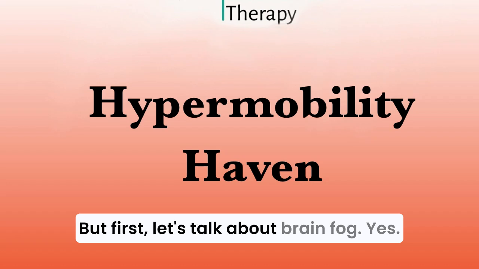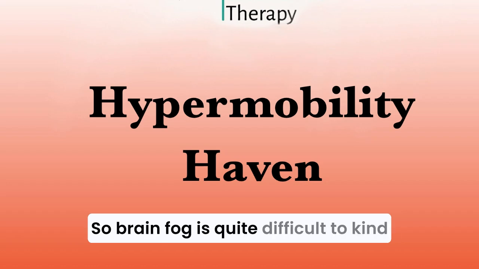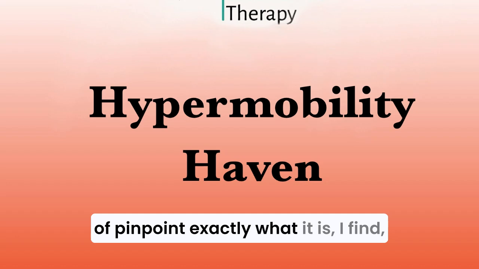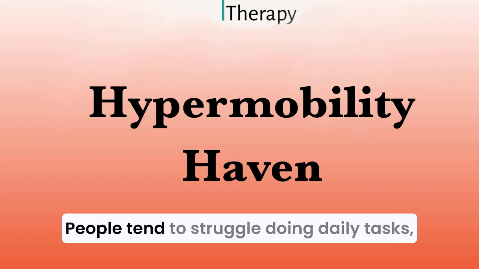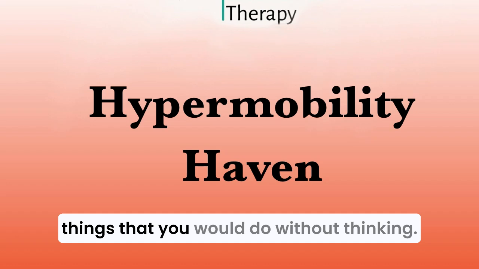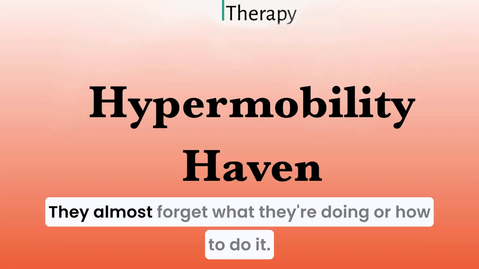But first, let's talk about brain fog. Yes. Brain fog is quite difficult to pinpoint exactly, I find, because it varies for different people. People tend to struggle doing daily tasks, things that you would do without thinking. They almost forget what they're doing or how to do it. Mm-hmm.